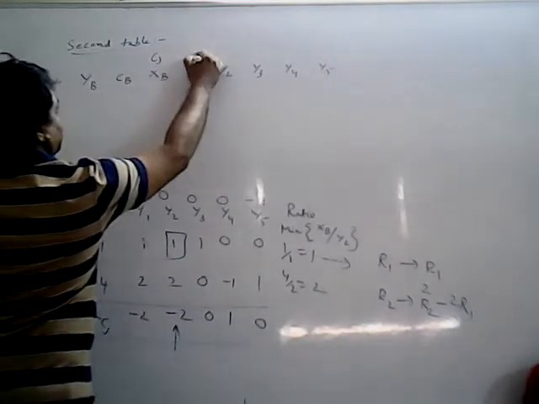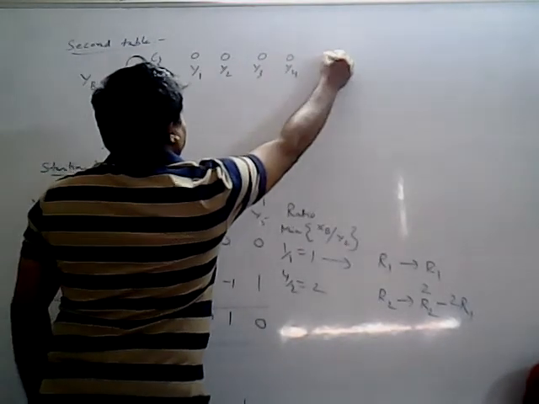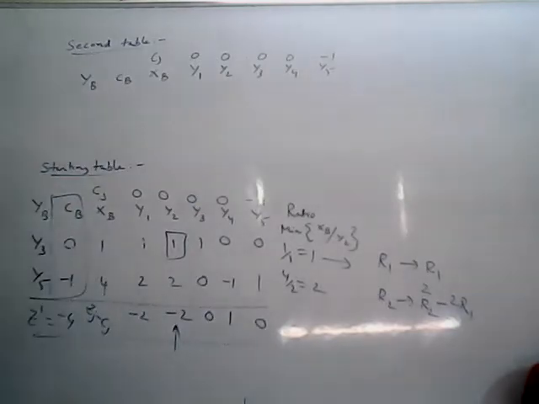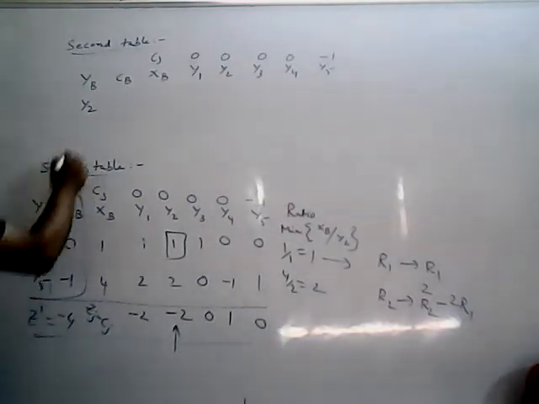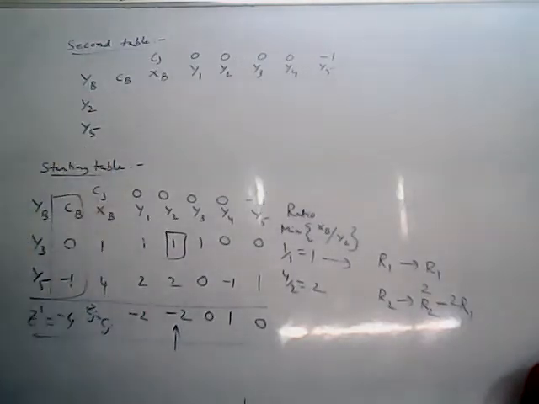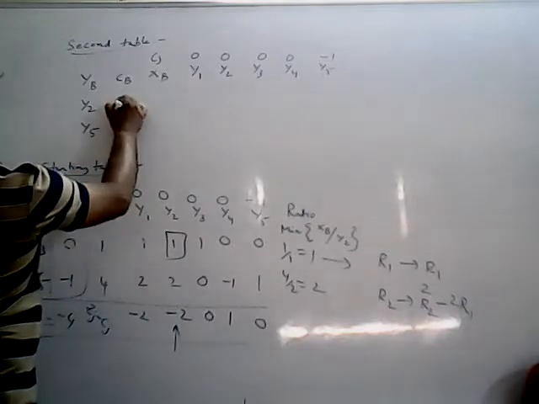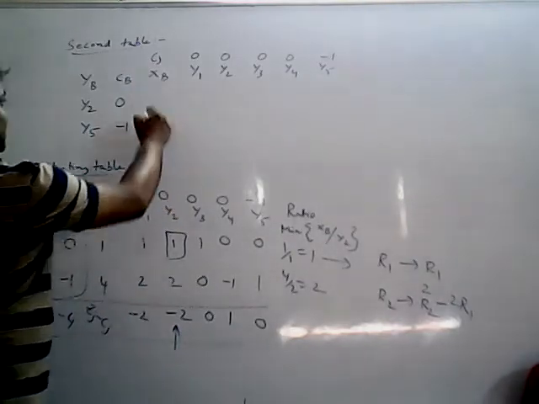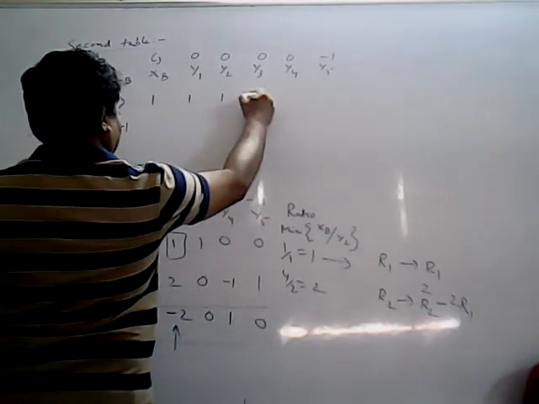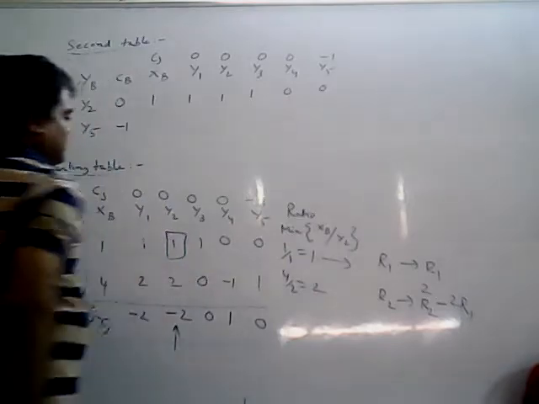Cj is the cost row, all zeros except the artificial variable. So in place of Y3, Y2 enters. Cj is the same: 0, minus 1. Next R1 equals R1, which is 1 1 1 1 0 0.